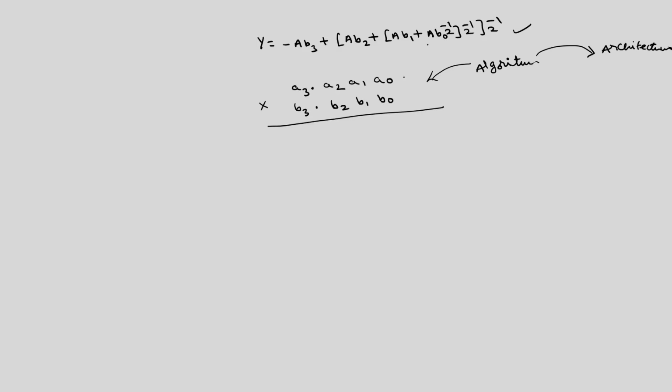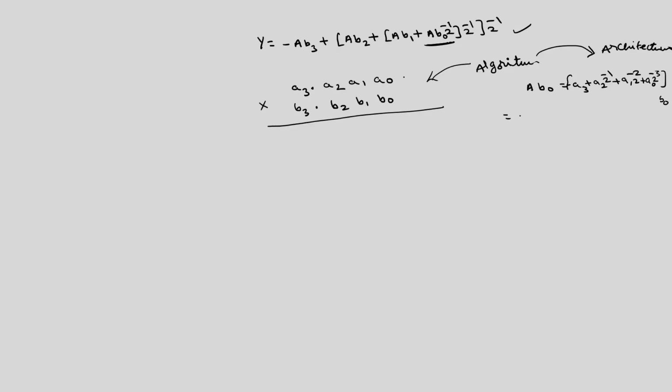So, the first thing is we will start with the AB0 2 raised to the power of minus 1. So, what is AB0? AB0 is nothing but A, which is minus A3 plus A2 2 raised to the power of minus 1 plus A1 2 raised to the power of minus 2 plus A0 2 raised to the power of minus 3, into B0.